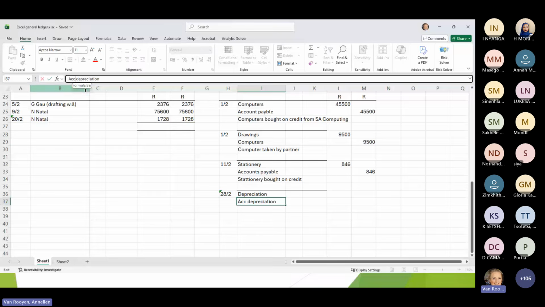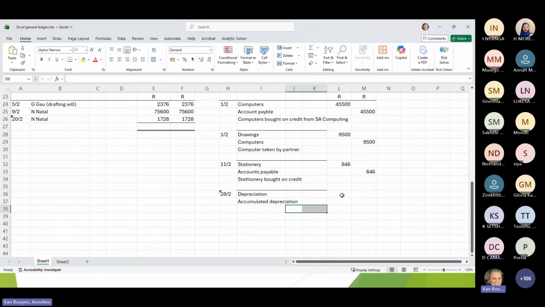Okay, so we bought, let me just quickly see if it's an easy calculation. The computers, the library, and there was a balance on the. Okay, let's just leave it for now. We can always come back to that.